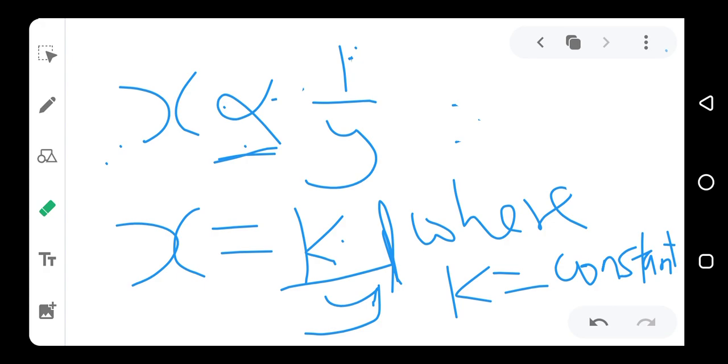So you just use the k and replace this one on top of this place. So you have to state that k is equal to your constant. So for indirect proportion, this is it. X is equal to k over y when you clear the sign of proportionality. Then you have to make k the subject. That means you have to make k stand alone.